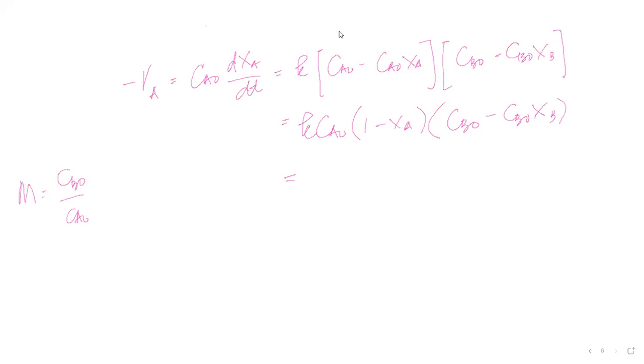Multiply both sides by CaO. I will multiply this side by CaO? With M equals CbO over CaO, what will I multiply, Marcel?